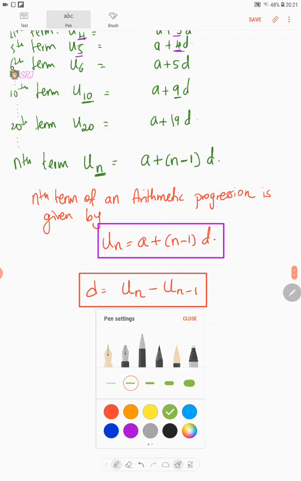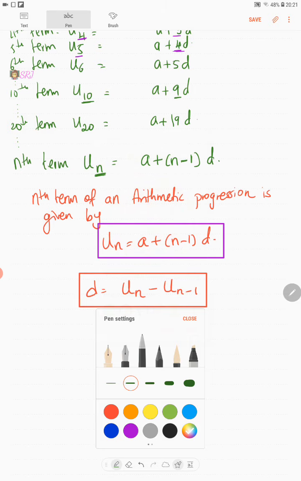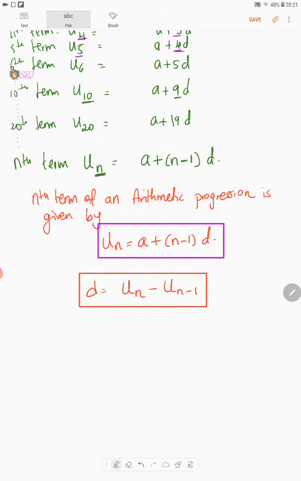Example: d can be obtained by taking u3 minus u2, that is the third term minus the second term, or we can take u6 minus u5.